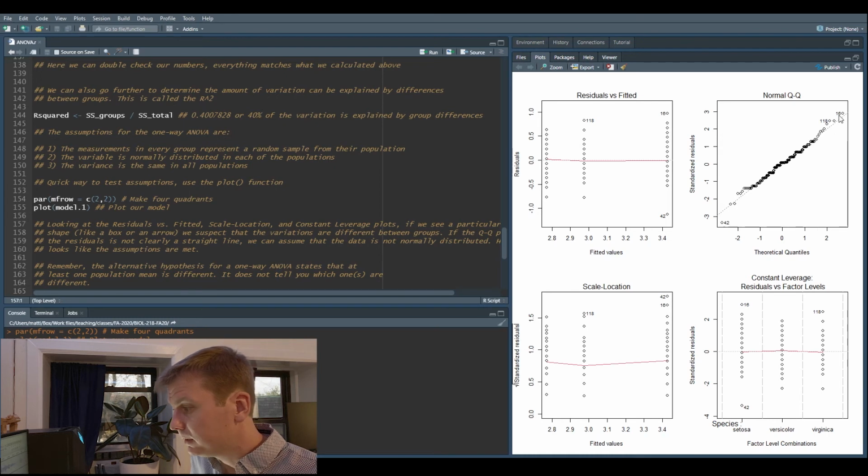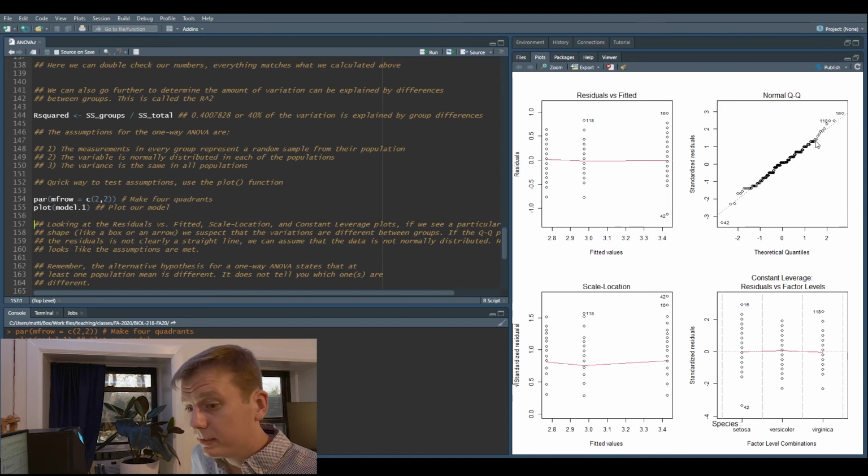So if we take a look at all of these points, they make a very clear straight line. They're not S-shaped, they're not J-shaped, they are shaped like a line. This basically tells us that, indeed, our error, and therefore our data, is normally distributed. So, using ANOVA is appropriate.